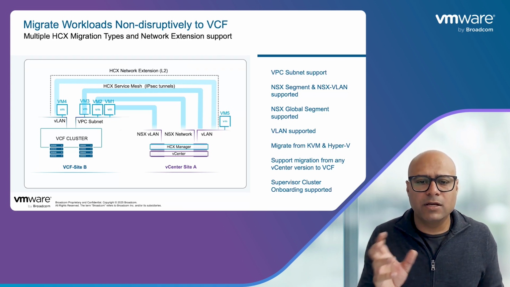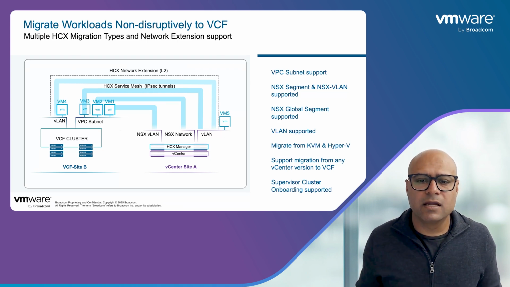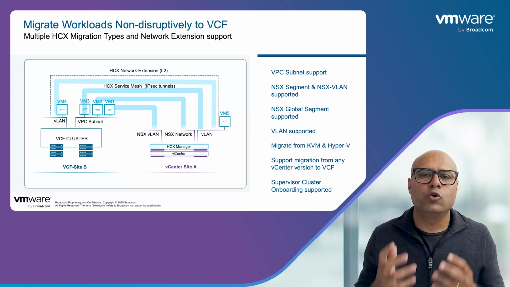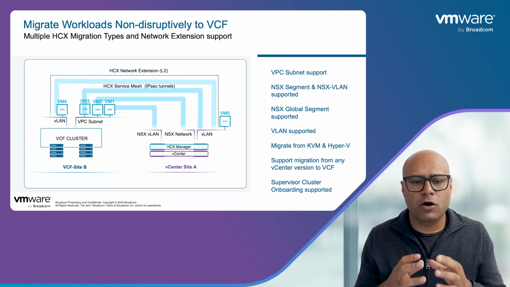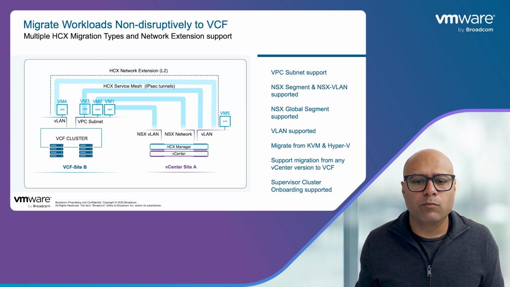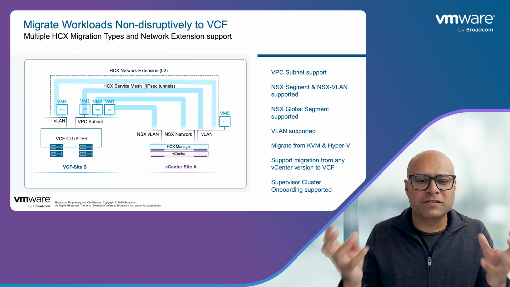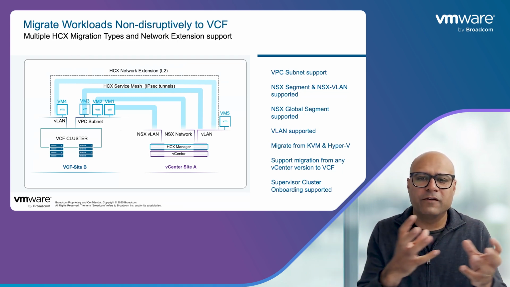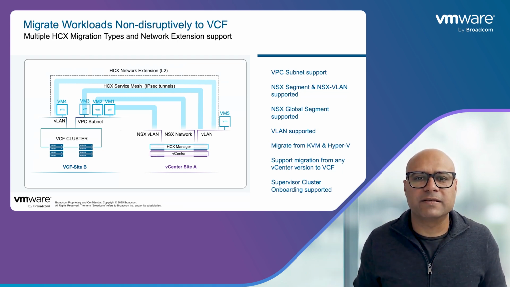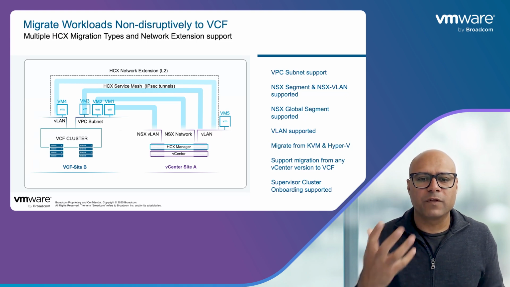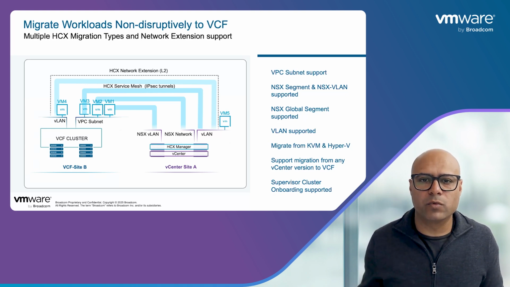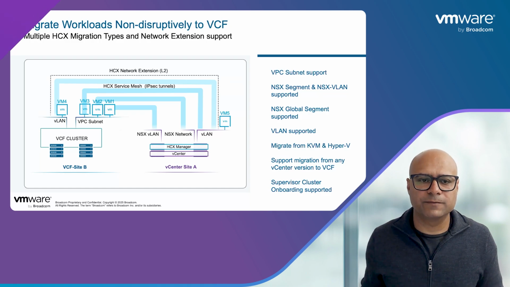This complexity can be daunting, but HCX is engineered precisely to address these challenges, offering unparalleled flexibility and broad compatibility to streamline the customer's VCF adoption journey. The way I see it is HCX acts as a universal adapter, right? From wherever you'd like to migrate, it makes it easy to migrate within VCF and adopt the latest capabilities of VMware Cloud Foundation. Thank you for watching, and we'll move to the next section.